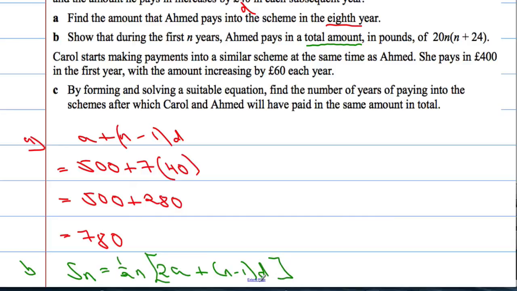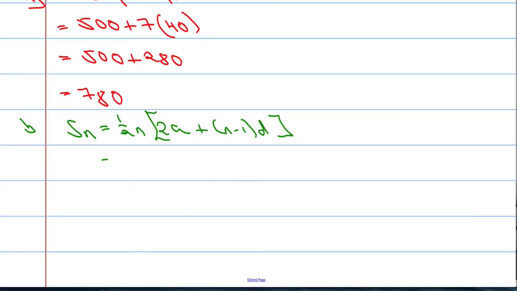So we're just writing down the formula now, and let's plug in the values. We don't know what n is, so I'm going to leave it as a half n. a we've worked out to be 500, so it's 2 times 500 plus n minus 1 times d, which we've worked out to be 40.